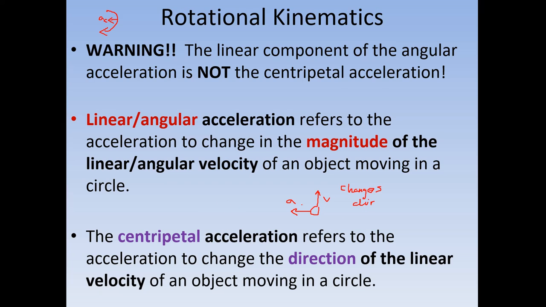But this acceleration would be the centripetal acceleration. But if we had velocity going this way and acceleration pointed this way, then we would have both a change in the direction and an increase in the speed.